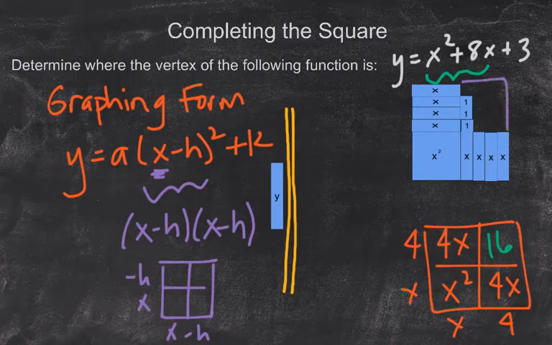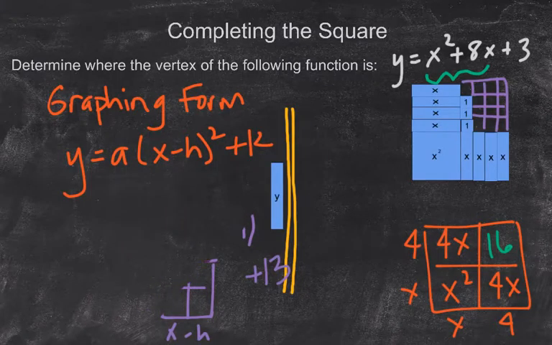So I'm just going to draw this in here. Okay, and so I added my 13 unit tiles in my square to complete it, and I added my 13 unit tiles to the left side of the equation, which now says y plus 13.